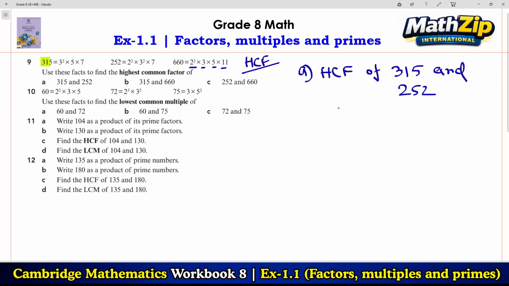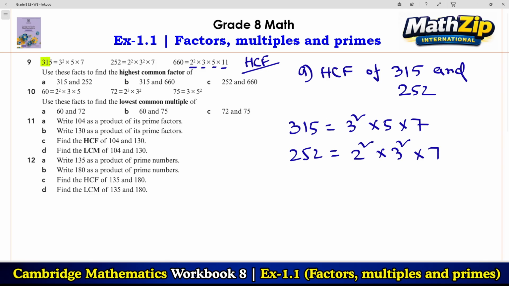252. First we write each as a product of prime factors. 315 is already given: 3 square times 5 times 7, and 252 is 2 square times 3 square times 7. Now look, which are the common factors? Here is 3 square, here is also 3 square, here is a 7, here is a 7.